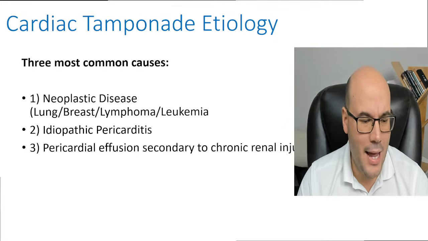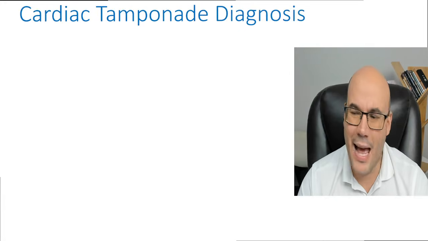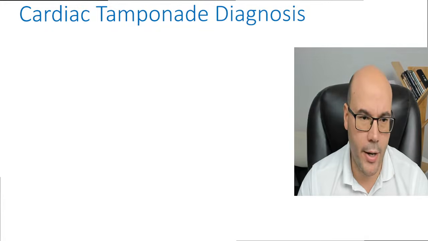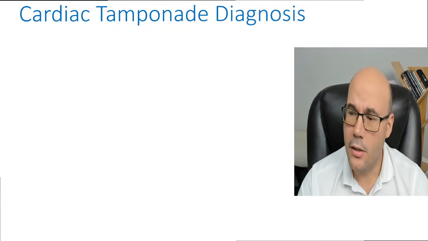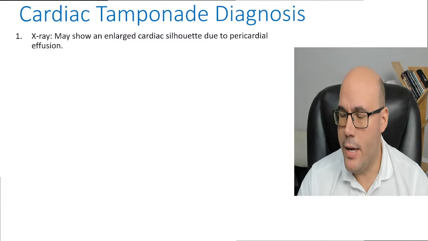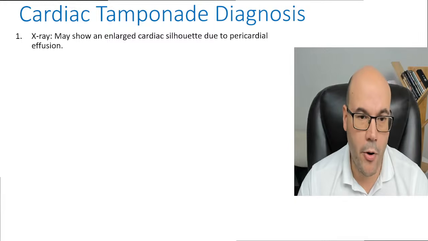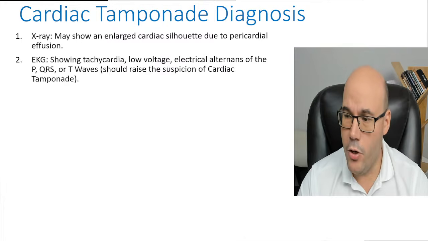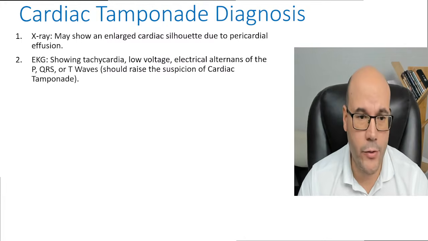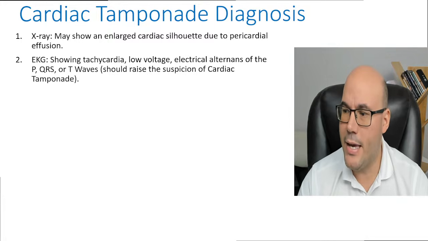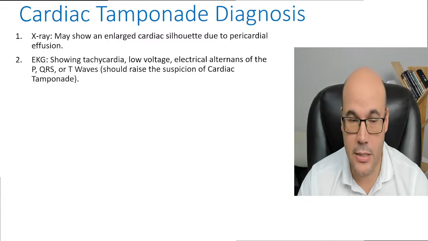What is the diagnosis? How do we diagnose cardiac tamponade? Number 1, X-ray. We can see an enlargement of the cardiac silhouette due to the pericardial effusion. If we do an electrocardiogram, a 12-lead EKG, we can see tachycardia, low voltage, and electrical alternans on the P, QRS, and T wave.